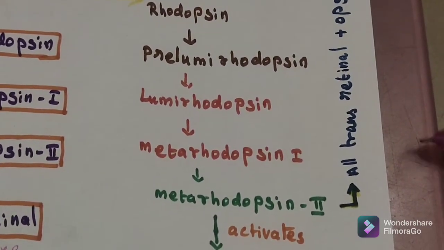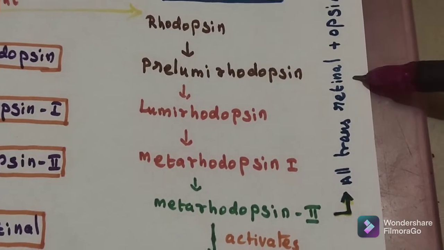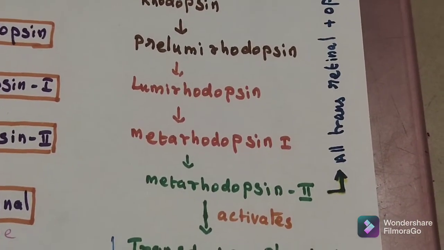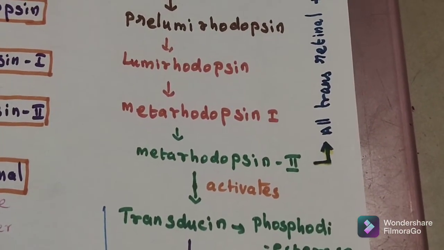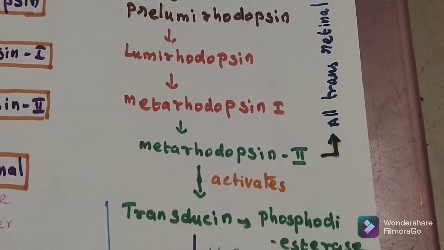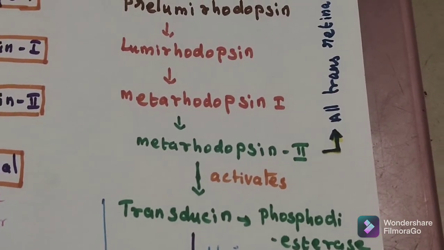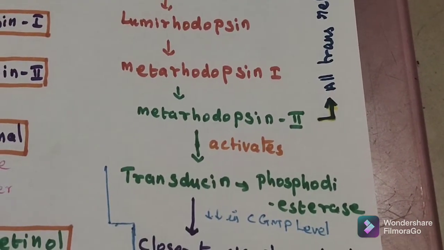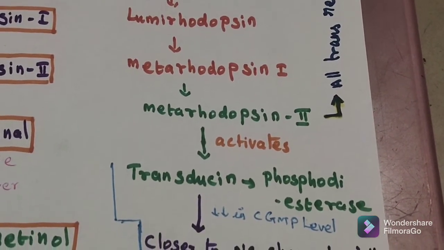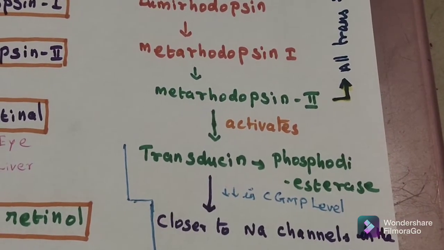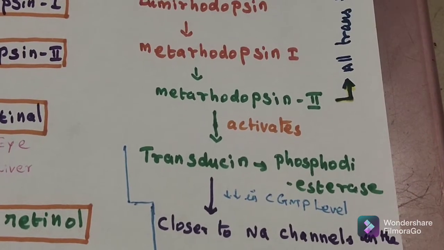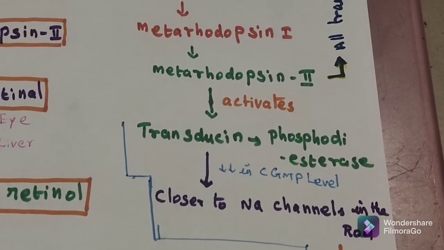This is involved in Wald's visual cycle. This metarhodopsin 2 activates transducin. This transducin activates phosphodiesterase, which decreases the cyclic GMP level. So it leads to the closure of sodium channels in the rod.